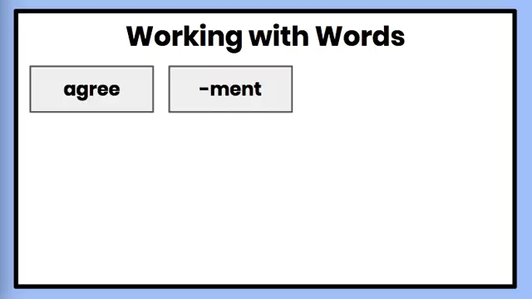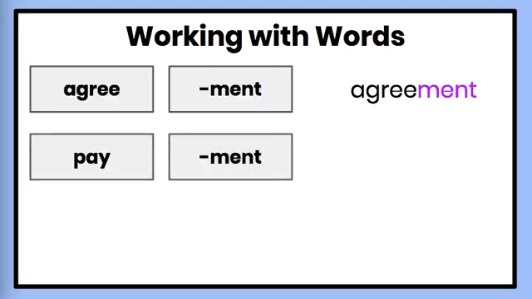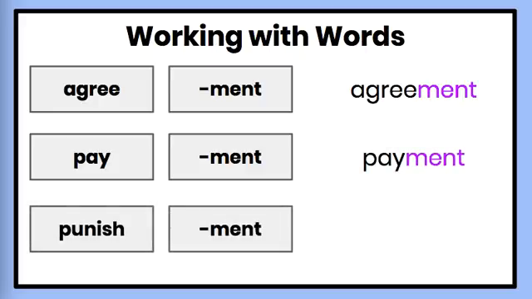So let's keep looking at some words as they go together. I am putting together my base words and my suffix words. Agree and ment together make agreement. Pay and ment together make payment. Punish and ment go together, punishment.